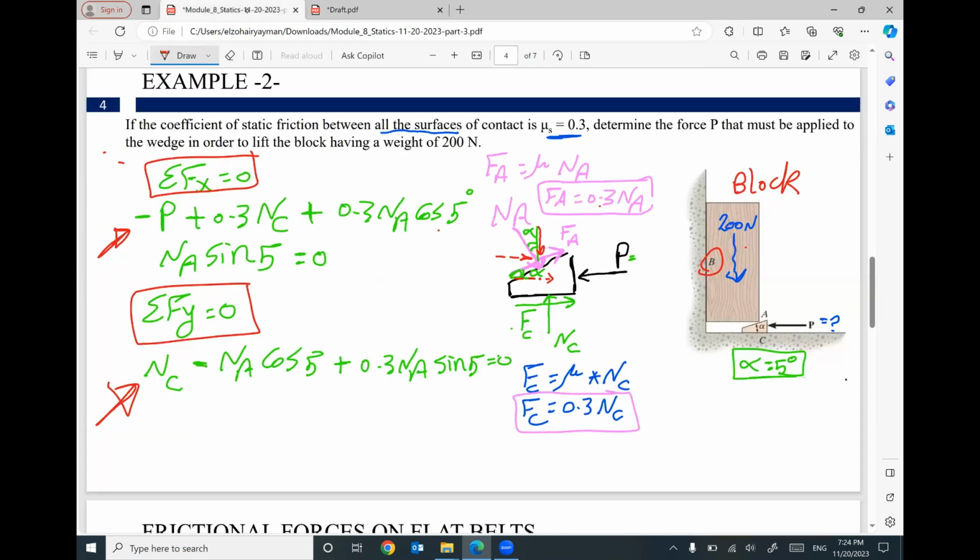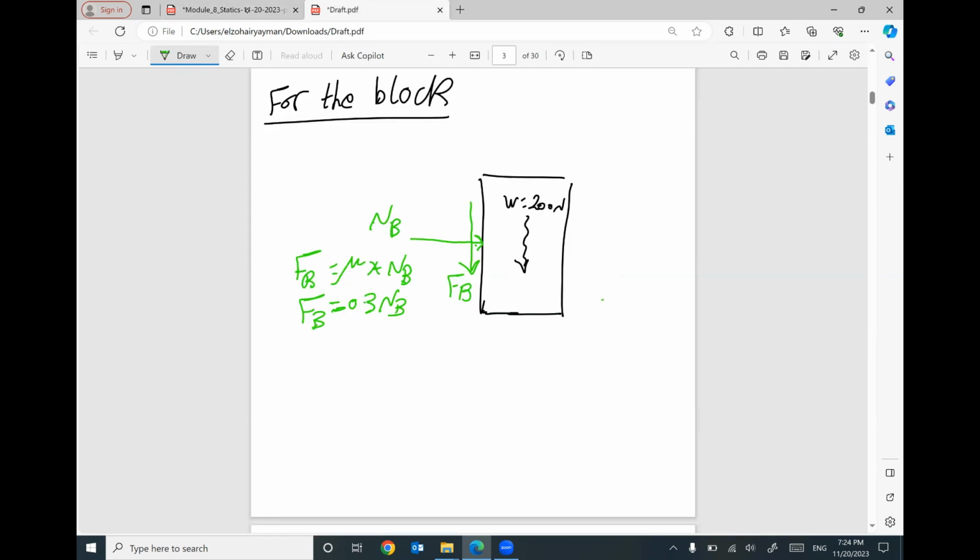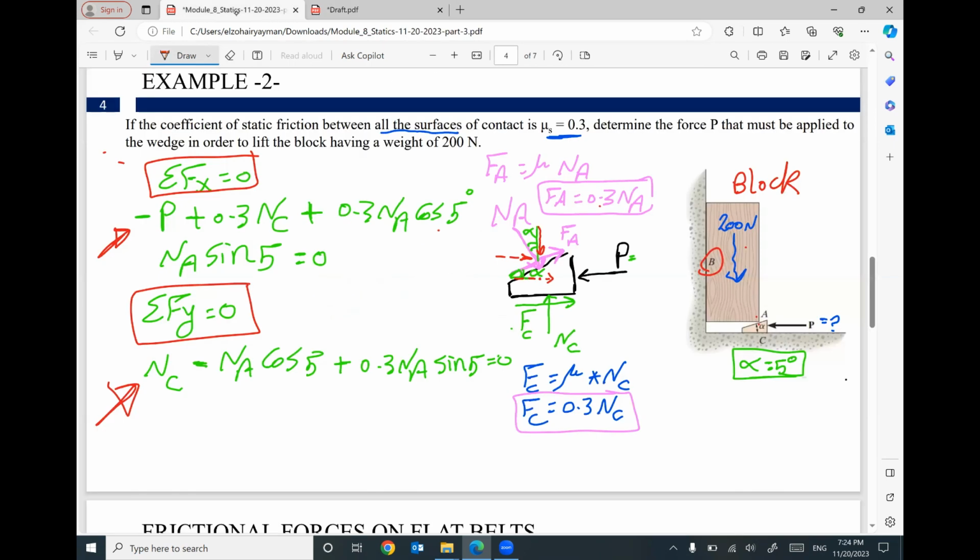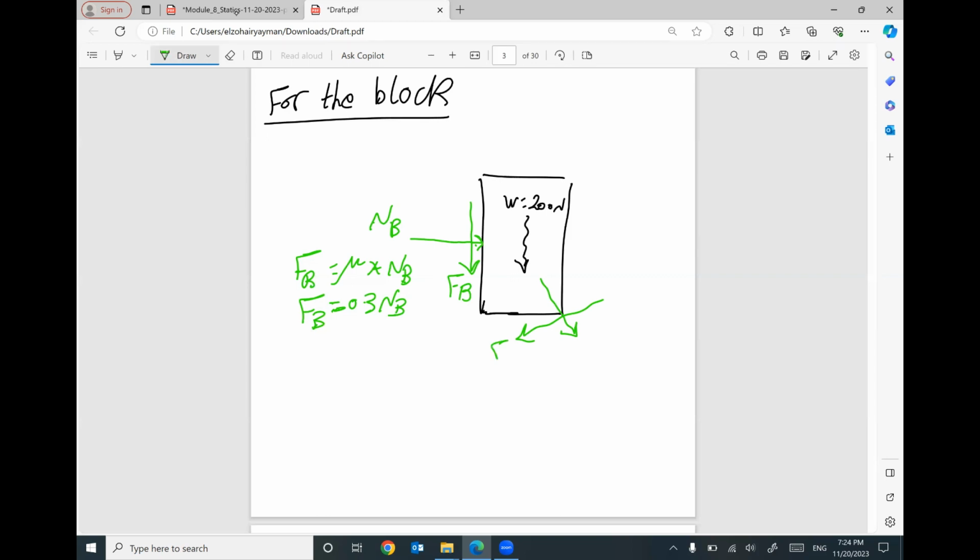Keep in your mind, because we have contact between the wedge and the block, these two forces, FA and NA, will be in opposite direction, like this and like this. That makes sense? So FA moving up, FA will move down.